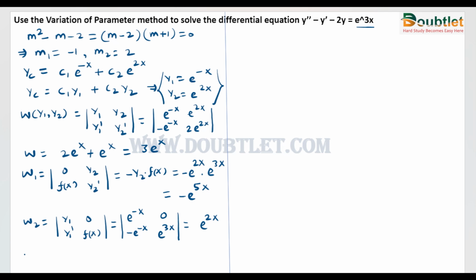So now to find the particular solution, we will write the format u1 y1 plus u2 y2. To find u1, u1 dash is equal to w1 divided by w.